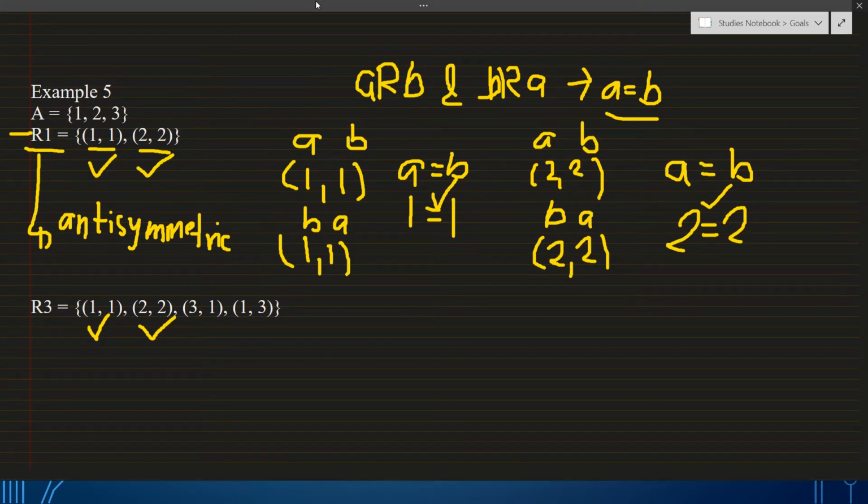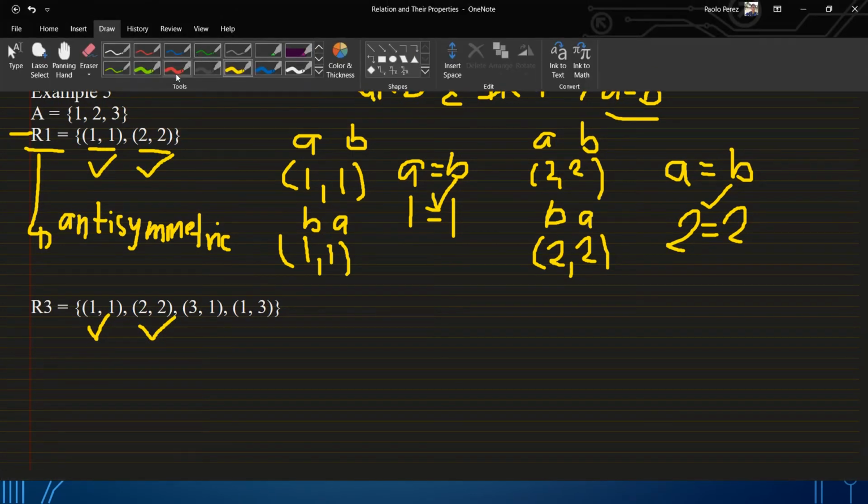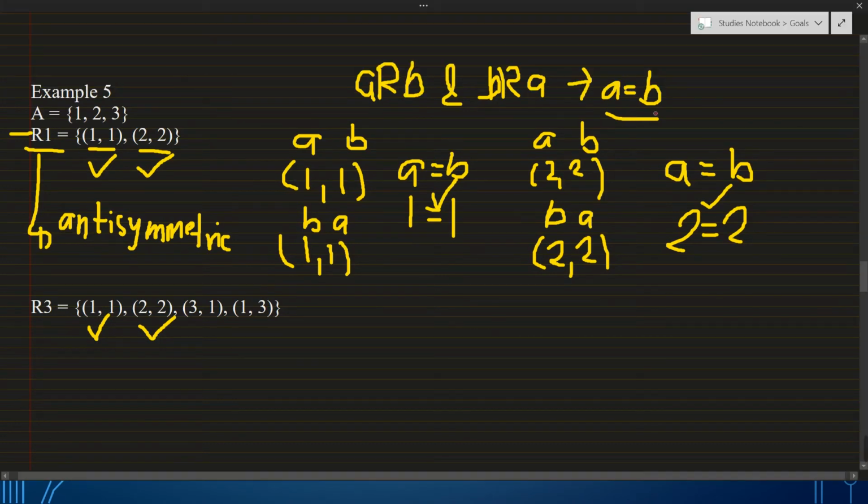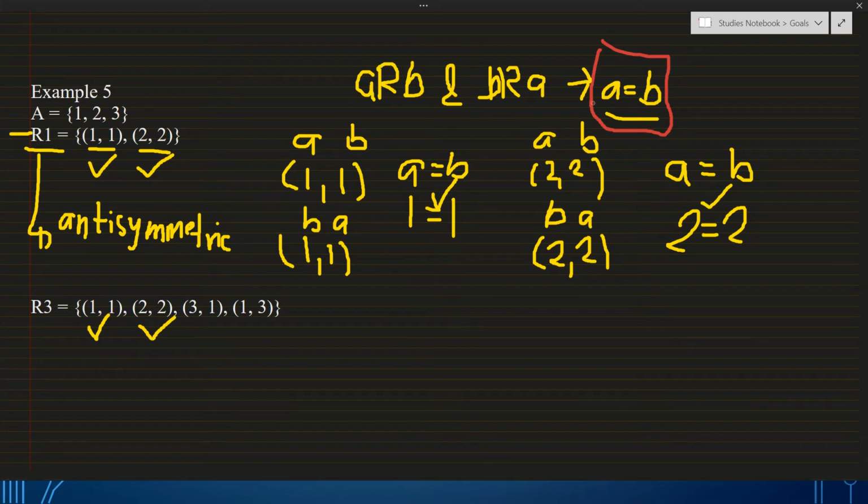The difference between symmetric and antisymmetric is that antisymmetric has this critical part wherein A must be equal to B. If A is not equal to B, then it is not antisymmetric.